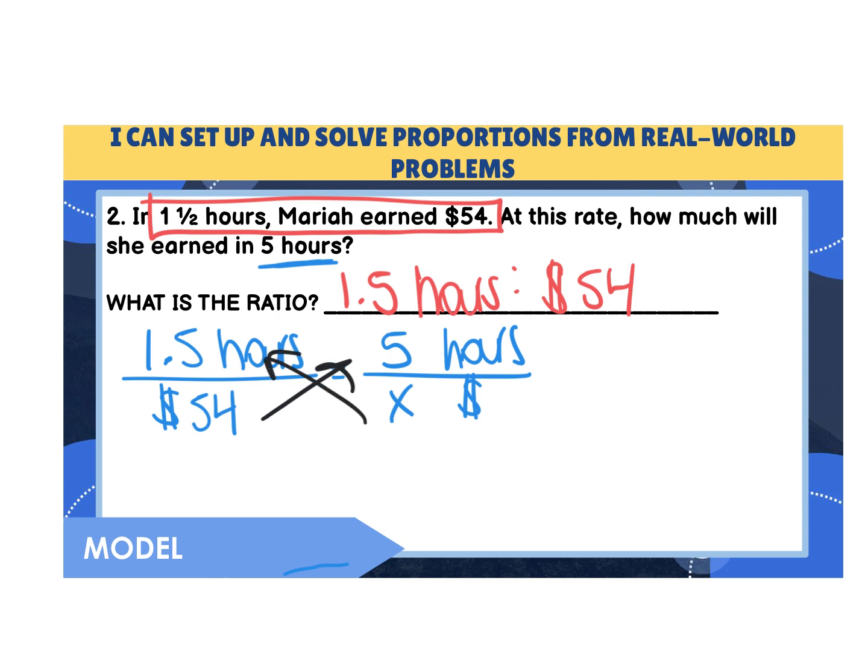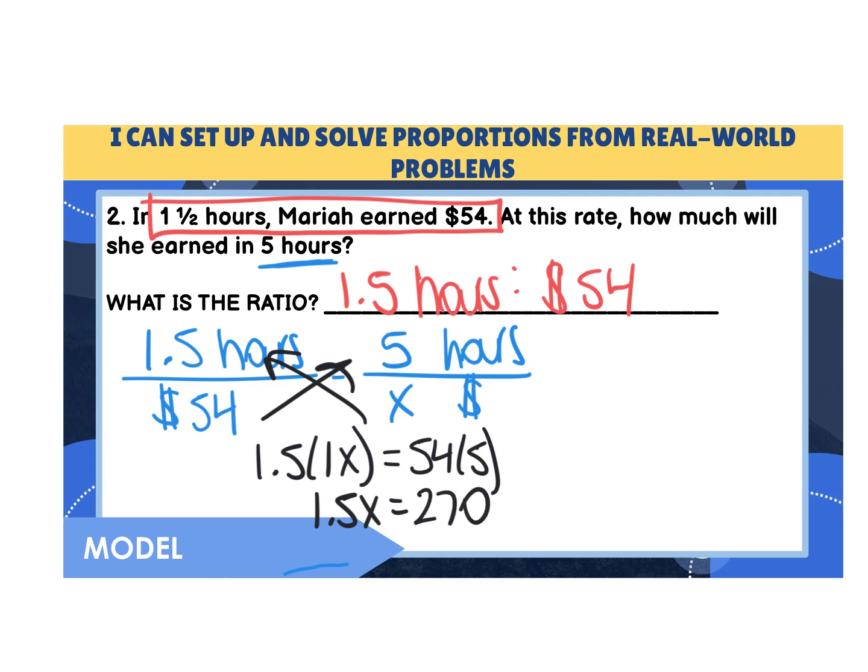Now it has a decimal, so I'm going to write this one out. 1.5 times 1X, and then 54 times 5. 1.5 times 1X is just going to be 1.5X, and 54 times 5 is going to be 270. And then we're going to divide both sides by the coefficient, that number in front of X. So in this case, it's 1.5. And so X is going to equal 180.